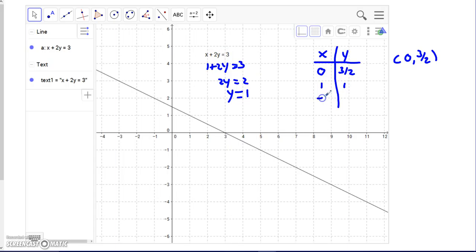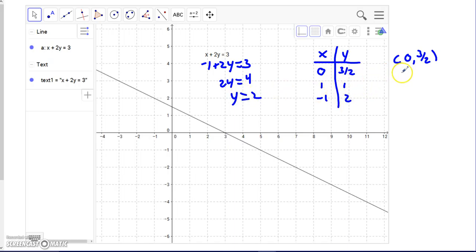What if x is negative 1? I'm starting with x's, but we could go with y's. We could start with a y value and see what x would have to be to give me a true statement. But let's say x is negative 1. Substitute x with negative 1, and then we get 2y is equal to 4, divided by 2, and y is equal to 2.